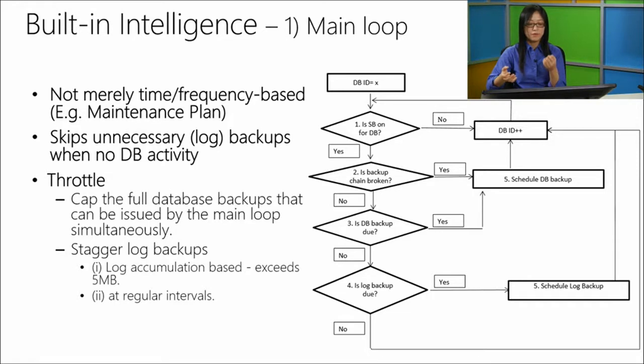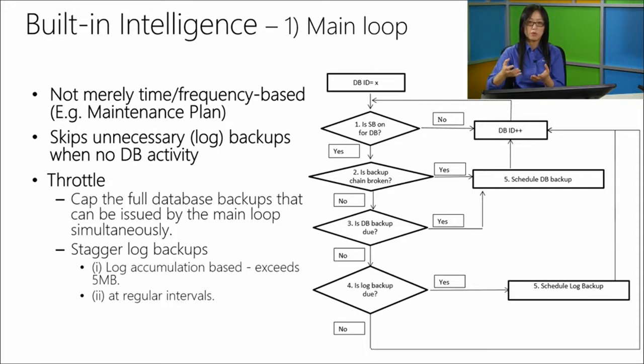For instance, for a full backup on a regular database, we take a full backup every week as a bare minimum. For log backup, the loop runs every 15 minutes. We go through each individual database to see whether there is a need to take a log backup. Based on what?